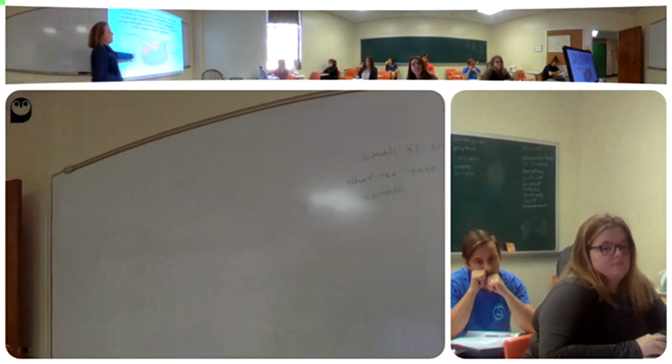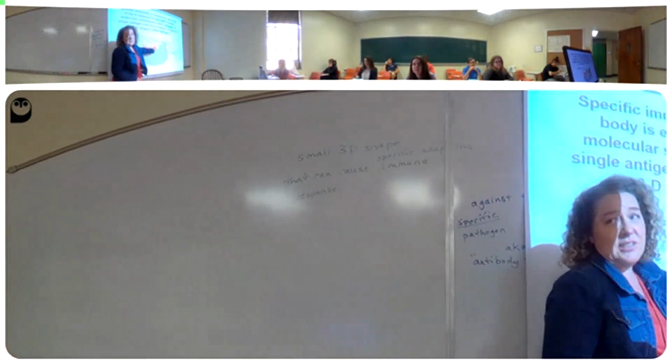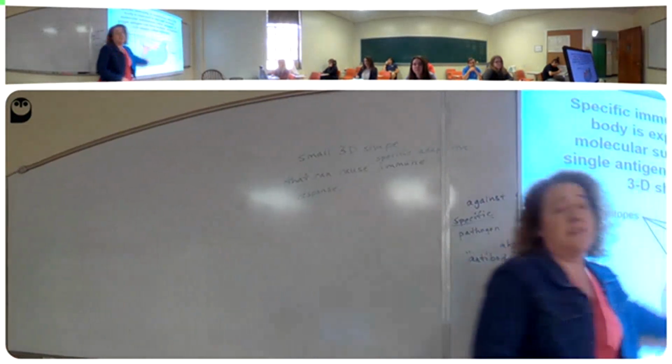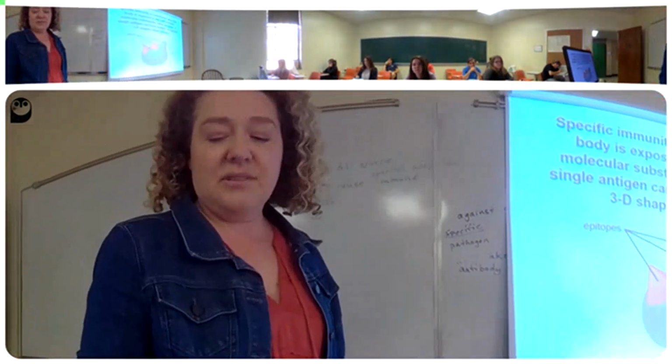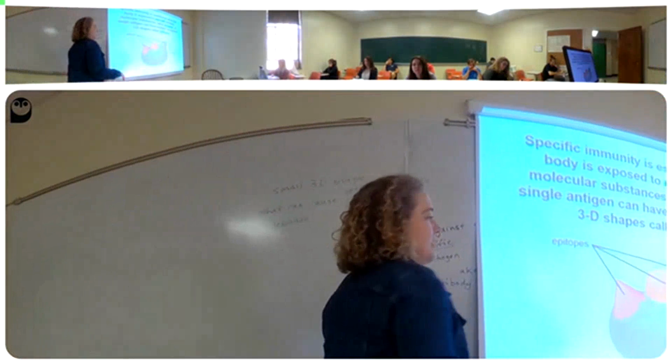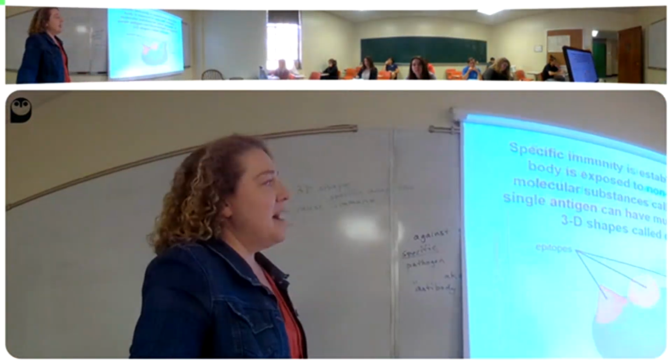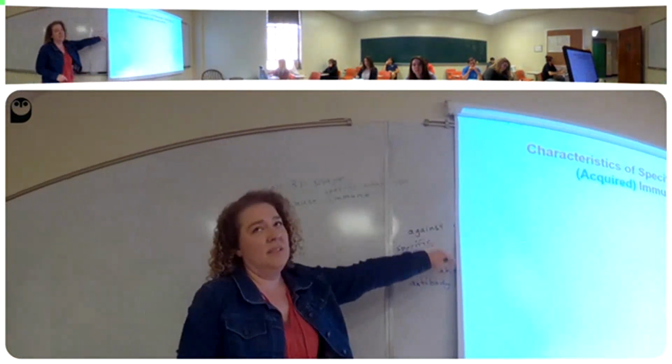So any foreign shape antigen is going to have multiple little pieces on it called epitopes. And the epitopes are actually what our immune system recognizes. So go back to here.